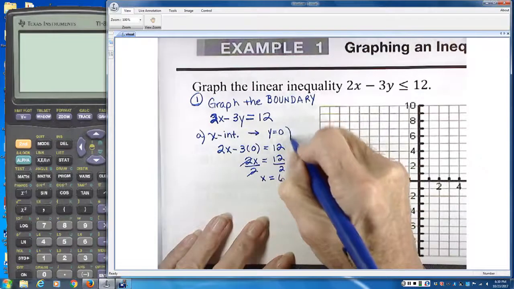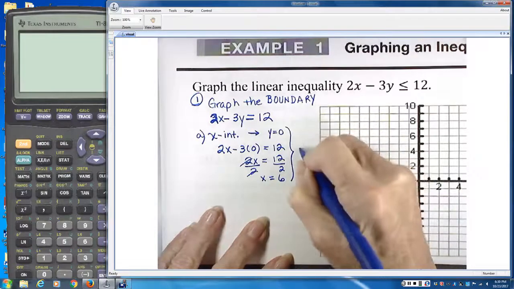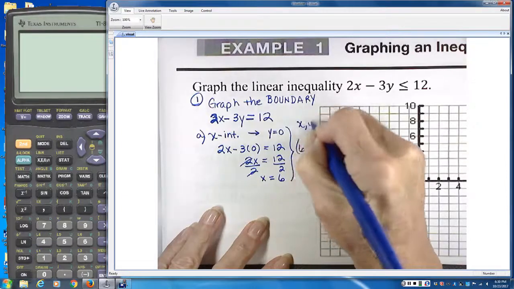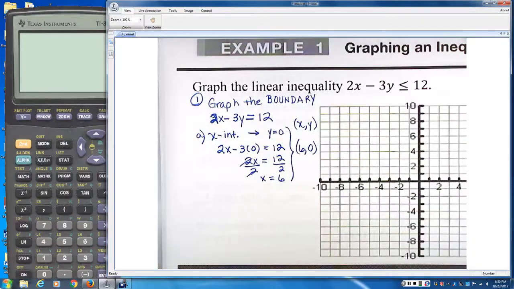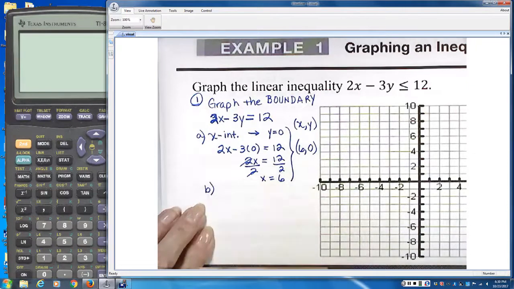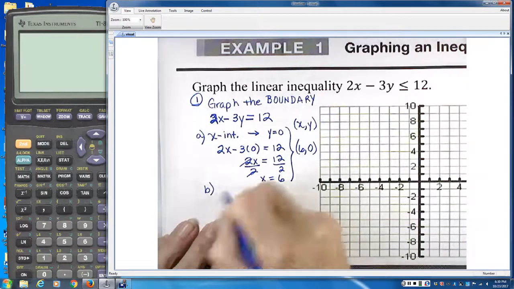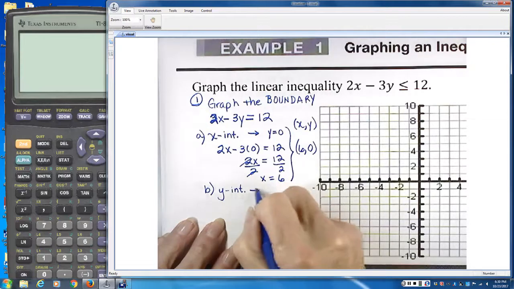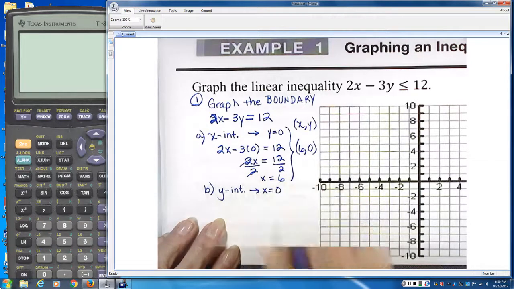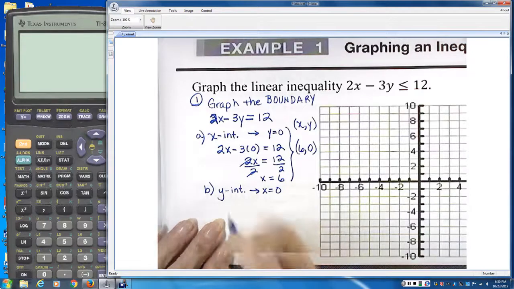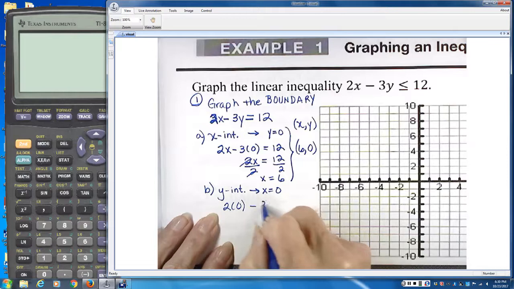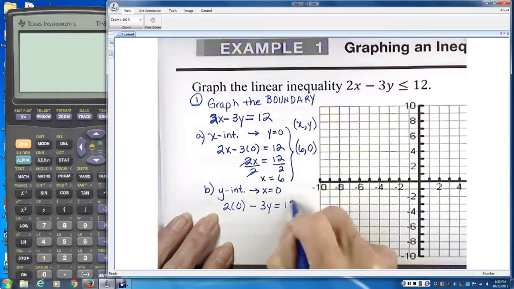So that's going to give me the point 6, 0, because remember it's always x and then y. Then the second thing we're going to do is find the y-intercept, which means we're going to let x equal 0. So I have 2 times 0 minus 3y equals 12.